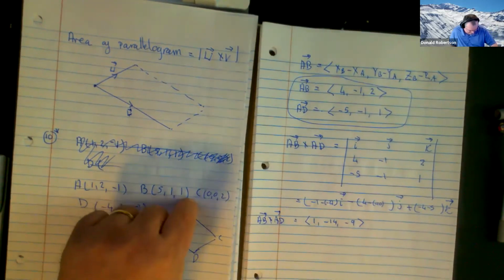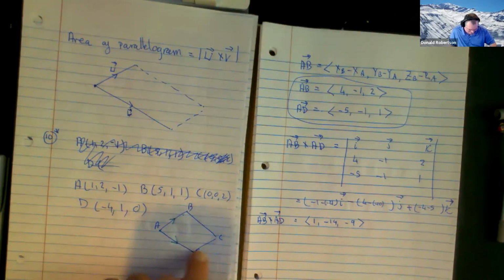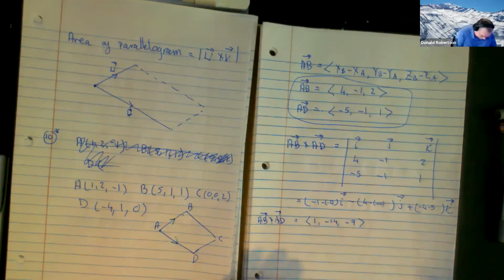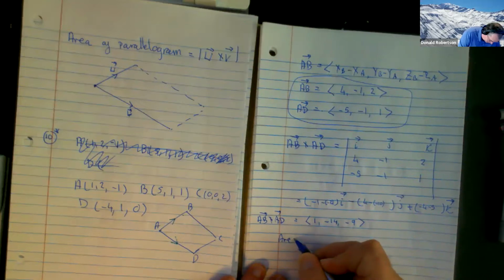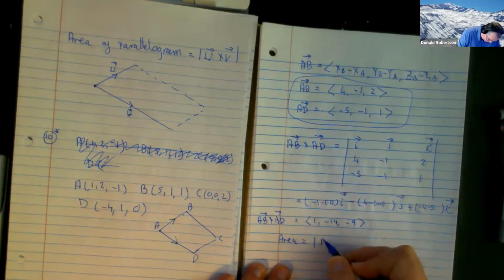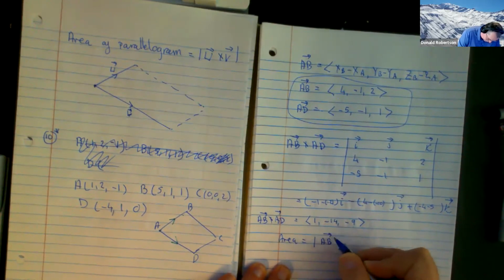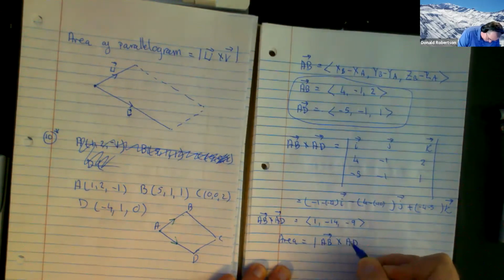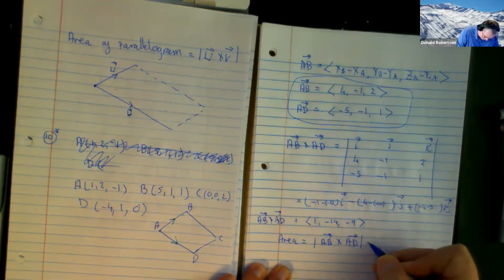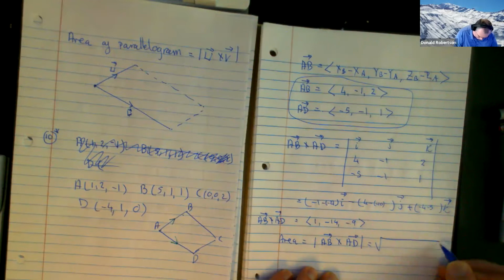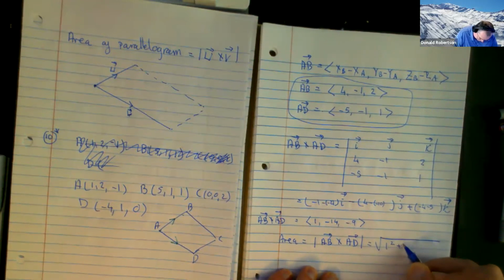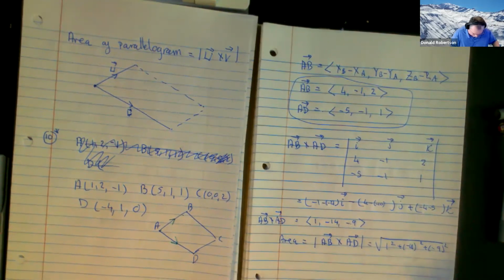So we found A to B, we found A to D, did the cross product. So the area of the parallelogram is the magnitude of that vector. That one there. So it's going to be the square root of 1 squared, -14 squared, and -9 squared.